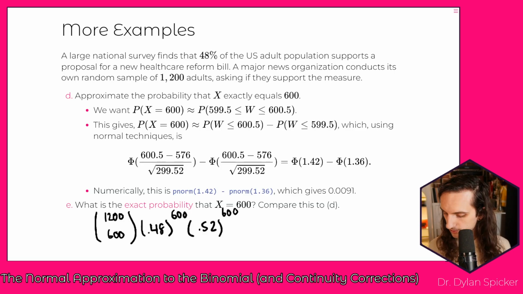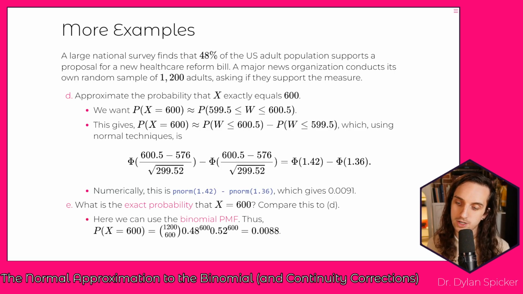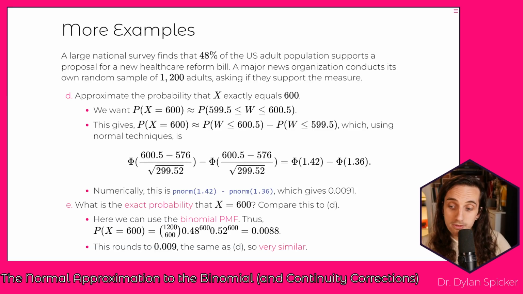If you plug this into a calculator, that's going to give us this exact probability. In this case, working out the exact probability is actually not too challenging. So we plug that in, that gives us 0.0088. And ultimately, if you round this off to 3 decimal points, that gives us 0.009, which is exactly what we got in our normal approximation.